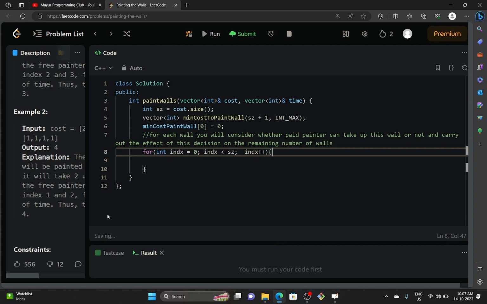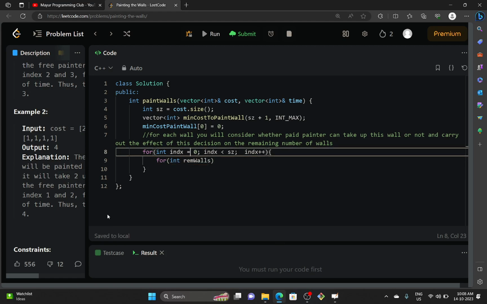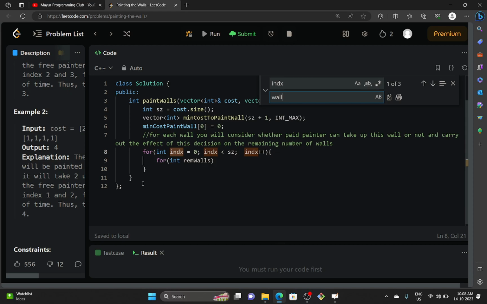Okay, so the remaining number of walls will be ranging from remaining walls, or instead of index, you can call it wall index. Okay, it will be a more appropriate term.